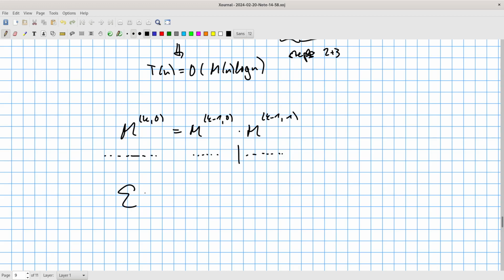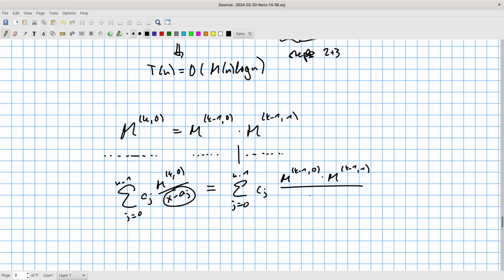Now if you see the sum of c_j times m_{k,0} divided by x minus a_j, j from 0 to n minus 1, then the question is, in which part of this m is this factor that I have to cancel out? So if you write this sum as sum j from 0 to n minus 1, c_j, and then m_{k-1,0} times m_{k-1,1}, then there are two cases.